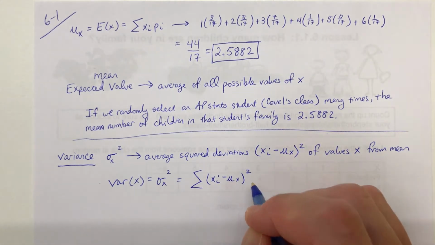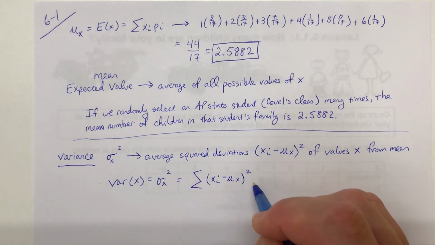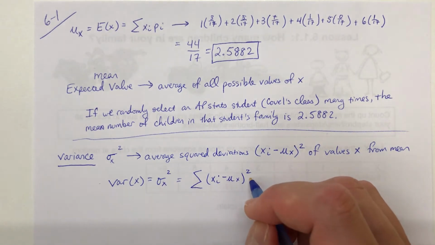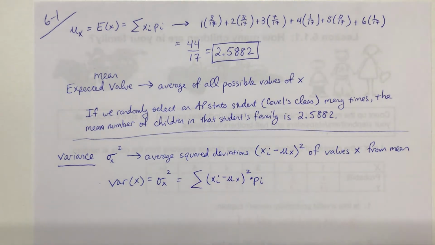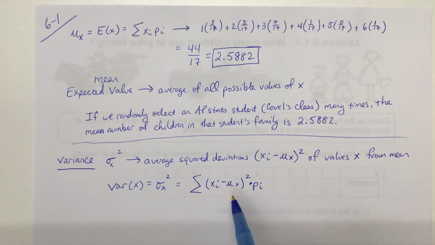But then what we're going to do here, when we're talking about expected value and standard deviation, we're going to multiply that by the probability of each thing happening. Okay, so what I wrote down here, this was our definition from chapter 1. But now that we're dealing with random variables, we are taking the sum of these squares, and then we're multiplying by the probability that each thing happens.